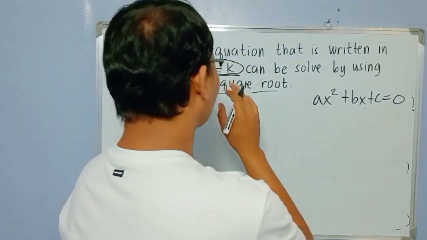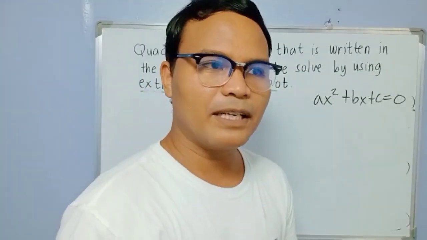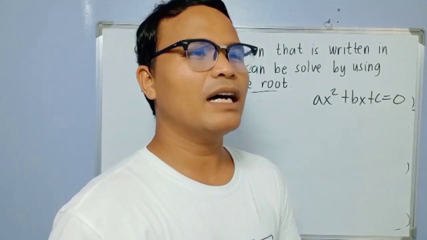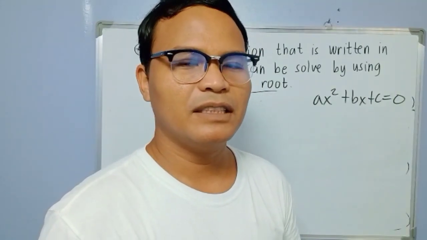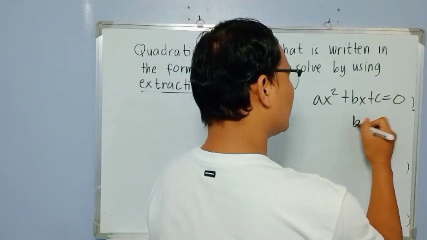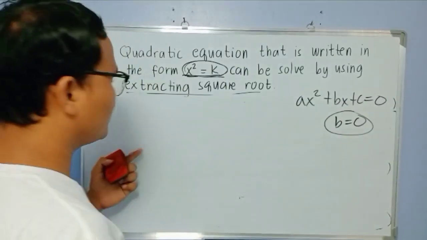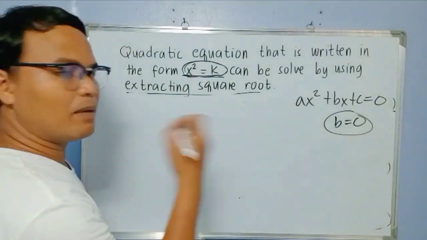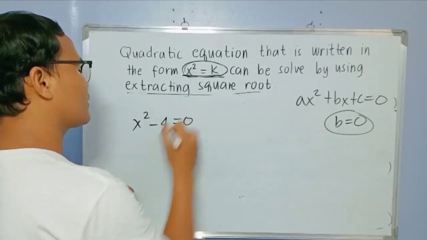Now, yung extracting square root is applicable, or kumbaga, masosolve natin yung quadratic equation in a very short time if our b here is equal to 0. So as you observe, in our example, ibabalik ko lang, x squared, let's say, minus 4 equals 0.